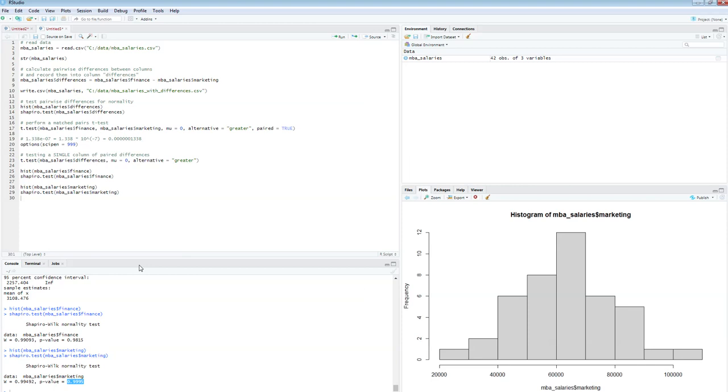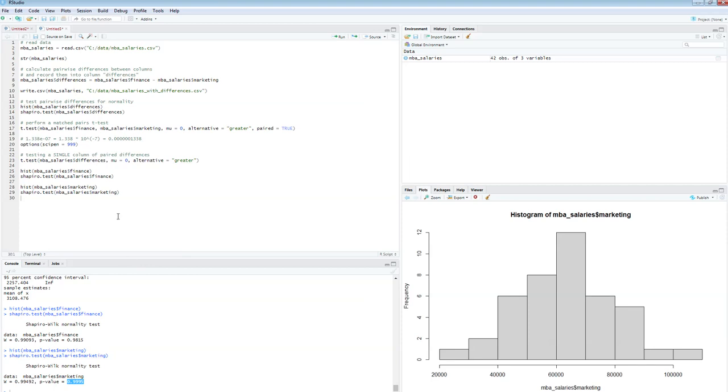So I just read the problem incorrectly, or I wasn't paying too much attention. I'm just thinking, okay, these are independent samples. After all, we have a bunch of MBAs with finance concentration with their salaries, and another bunch of MBAs with marketing concentration and their salaries. One group has nothing to do with the other group, nothing matches them, so independent samples, right?